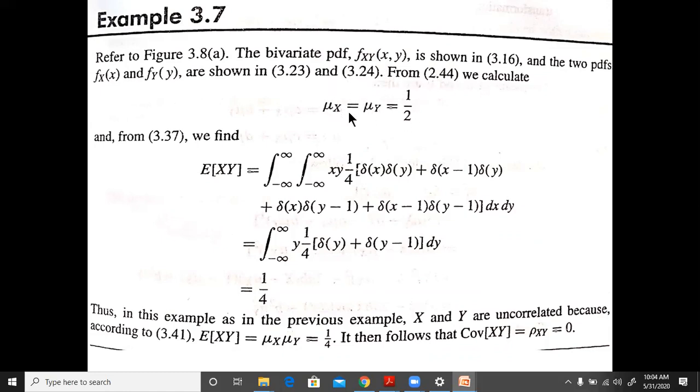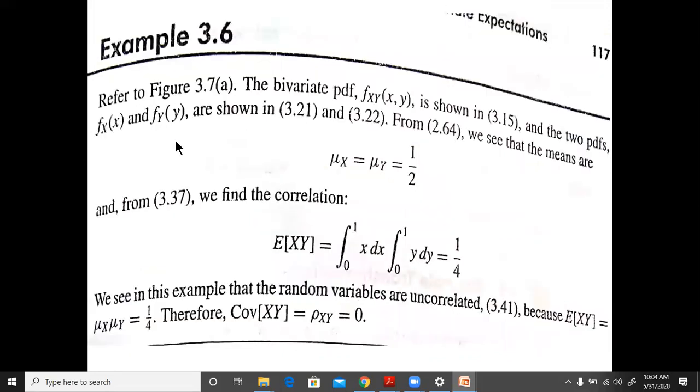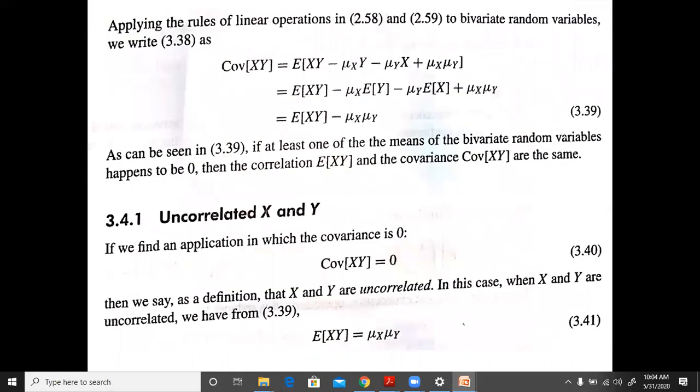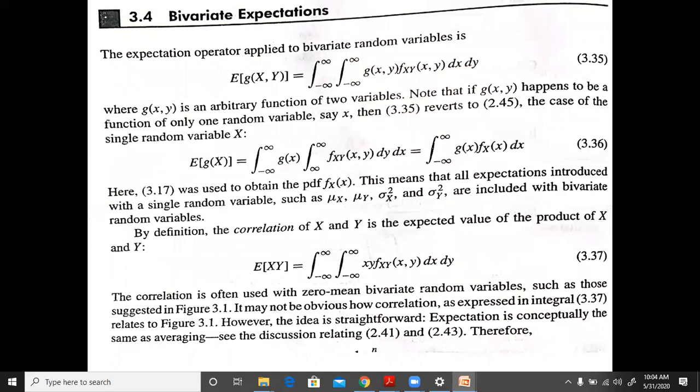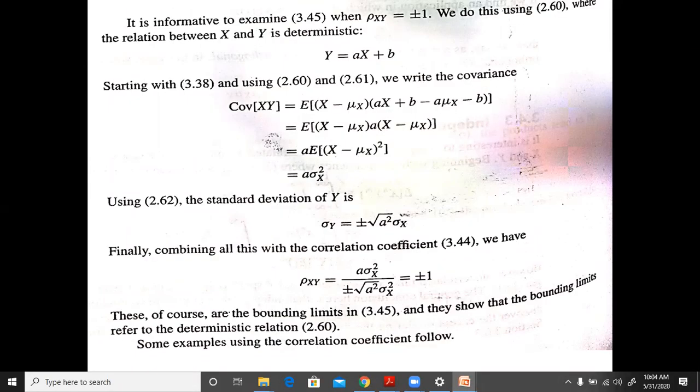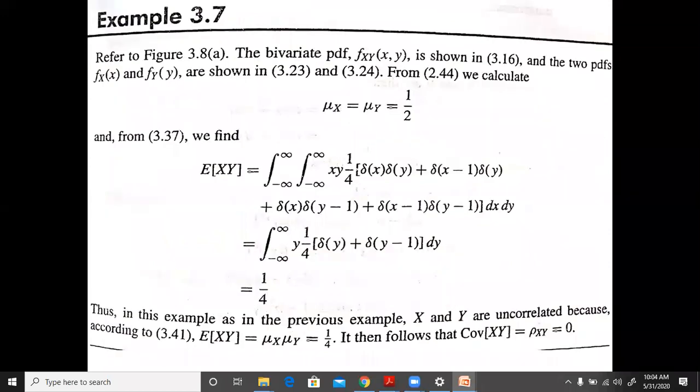So from 3.37, the equation which we have written over here, we can try to solve that and write the values. So E of xy is 1 by 4.